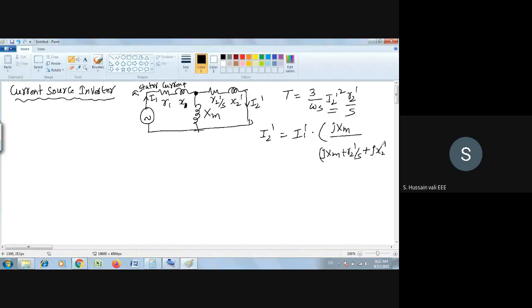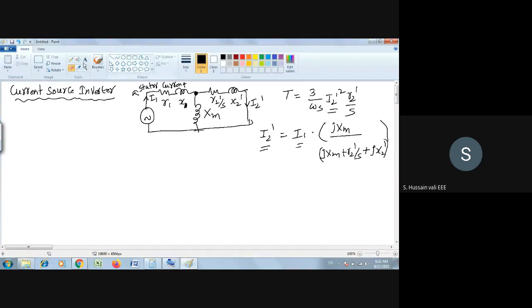So I2 dash can be written in terms of I1. I1 dash is not there at all, only I1 is there. So I2 dash is equal to I1 into this. It means I2 dash is proportional to I1.